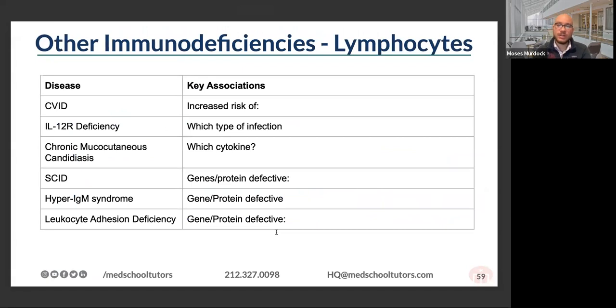We're getting really close to the end of our session here. There are a number of other immunodeficiencies that I wanted to highlight. And some of these don't have a great graphic to go along with them, so I just wanted to create a table for you all to see and fill out together. So CVID stands for common variable immunodeficiency.